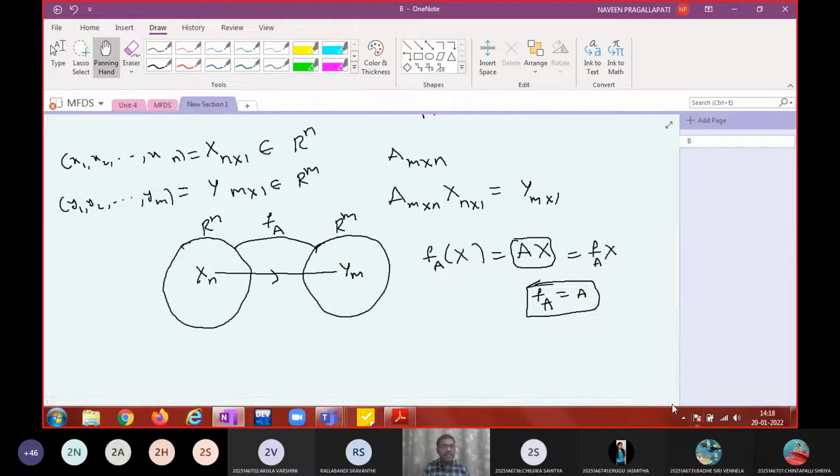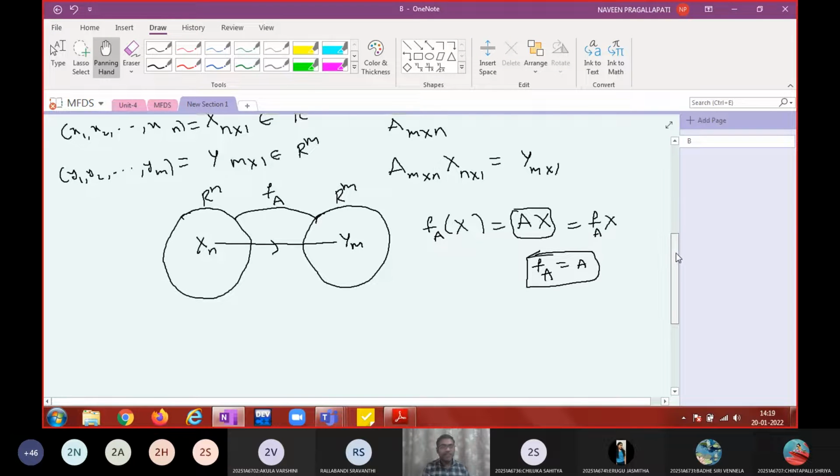In this kind of transformation, we identify the function f A with the matrix A, because basically this is the one which is transforming one vector to another form. This is an n dimensional vector, and this is an m dimensional vector.